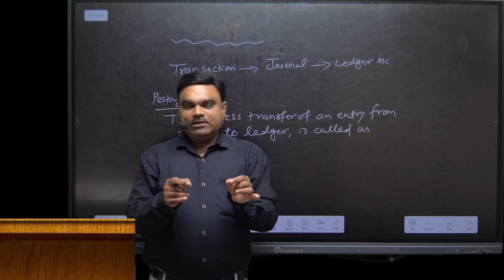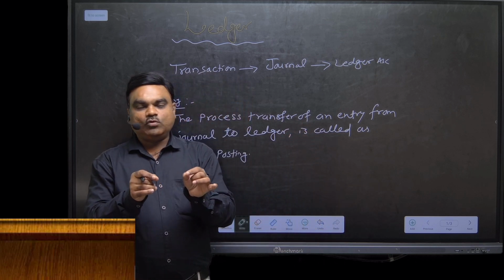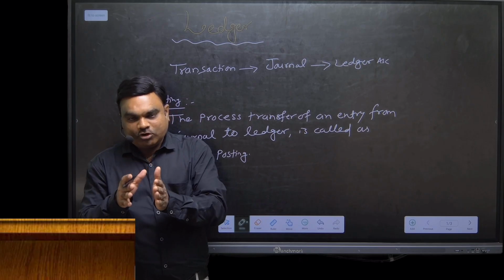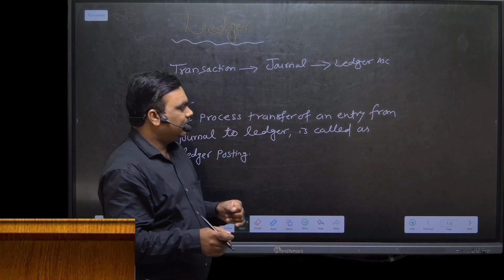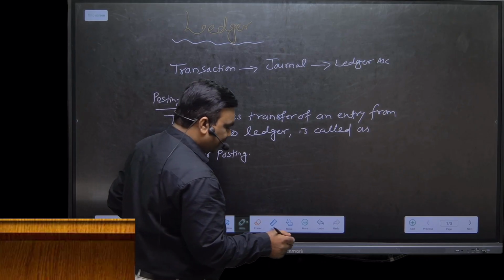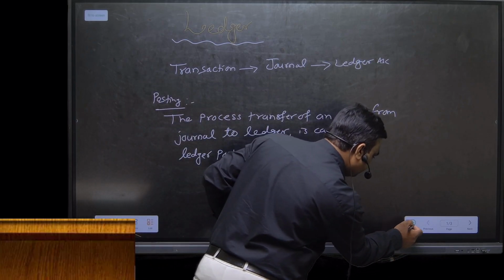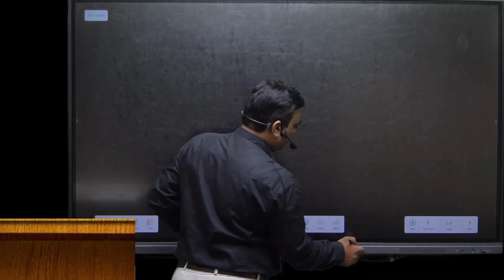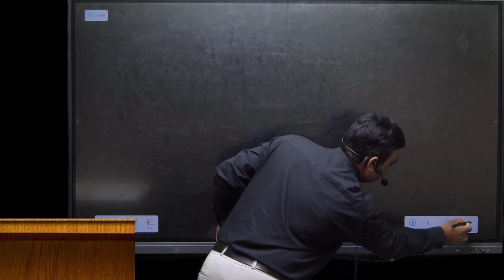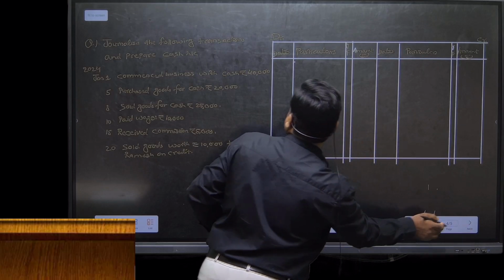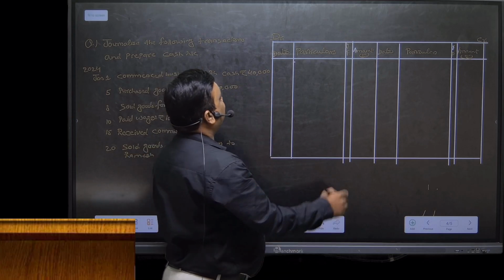So total in ledger account we are having total 8 columns, 4 columns on the left hand side and 4 columns on the right hand side. Let's see the format of ledger.